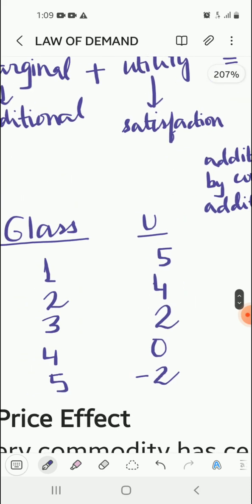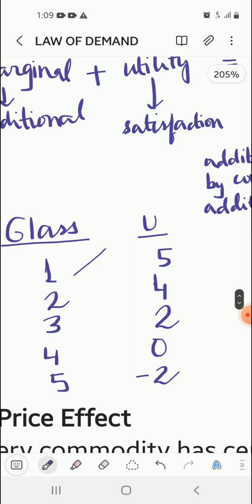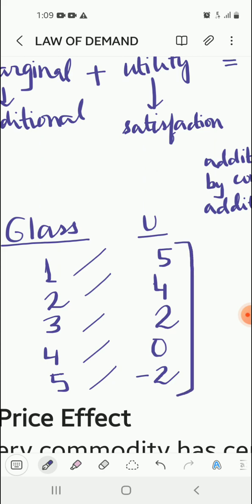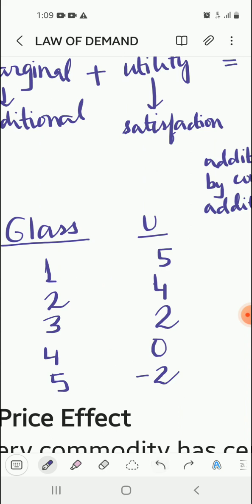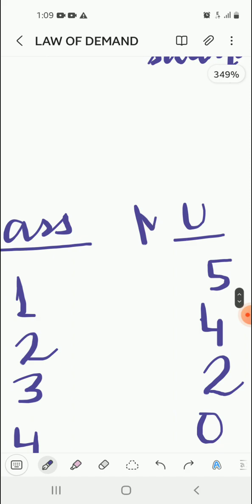So you can see by the trend that with every increase in the unit of the commodity, here in the example the glass of water, the utility that we derive from it, the marginal utility, tends to fall. So this is what we call marginal utility.